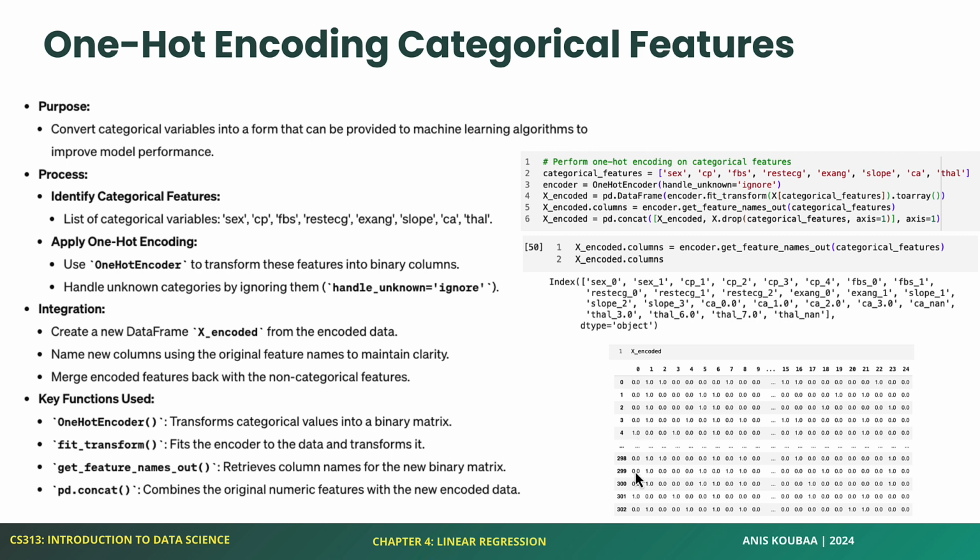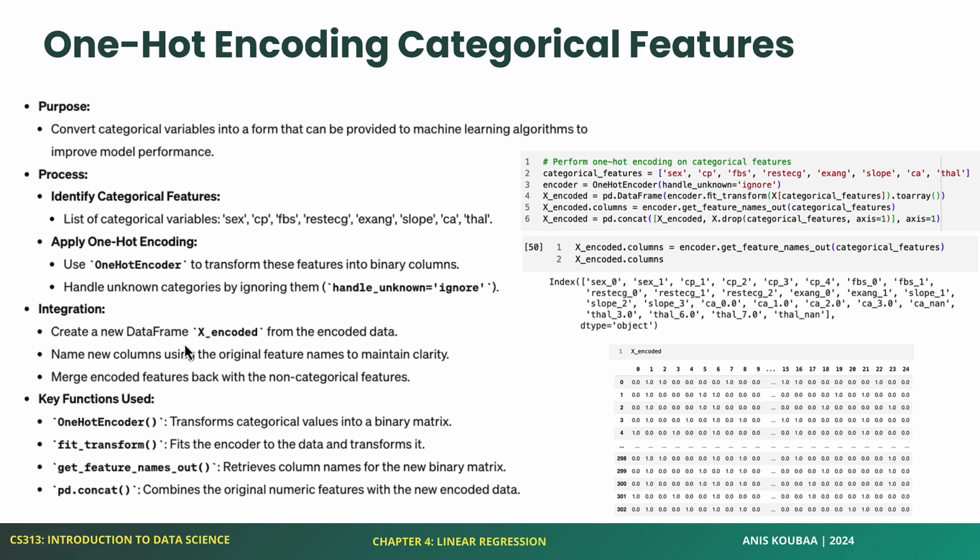These are converted into values between 0 and 1. Here we have 25 values, so this is a vector that represents the first person. A 1 means, for example, male or female, and then the second one, CP is equal to 1, and so on.